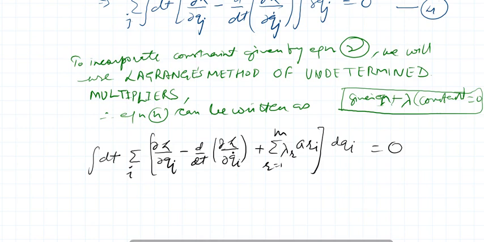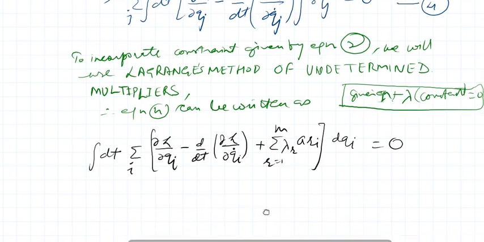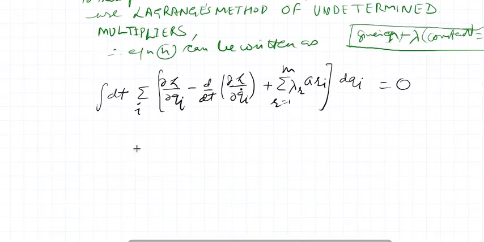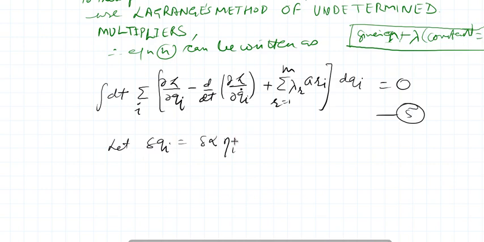So now let us call it equation number 5, and let's consider delta q_i is equal to delta alpha eta_i, as q_i are not all independent as we have discussed earlier.